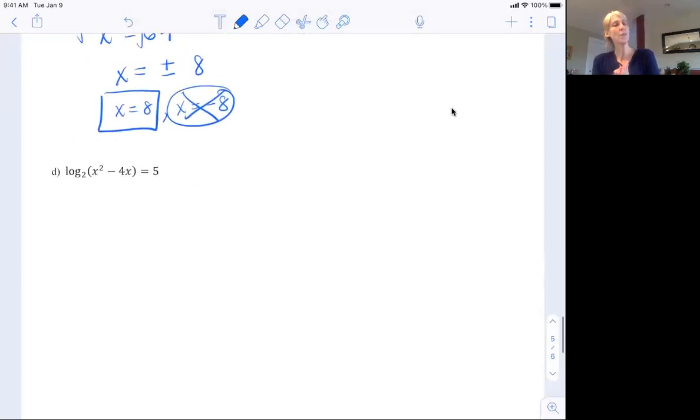And our last example for today, log base 2 of x squared minus 4x equals 5. Exponential form: 2 to the 5th equals x squared minus 4x. My resulting equation is a quadratic. 2 to the 5th is 32.